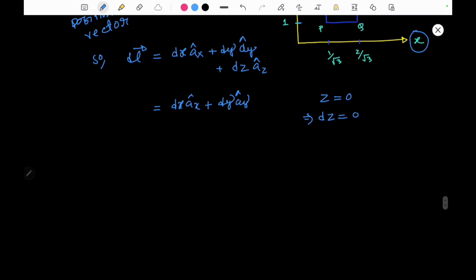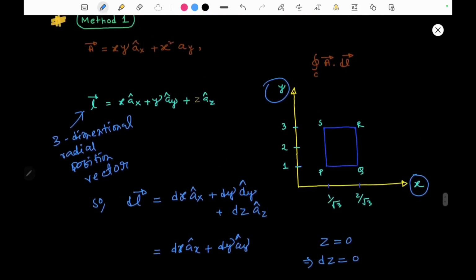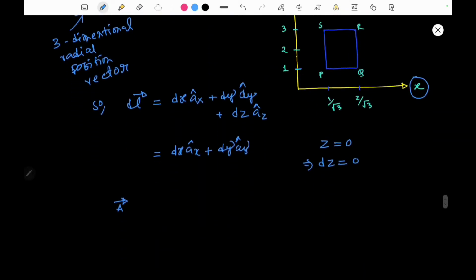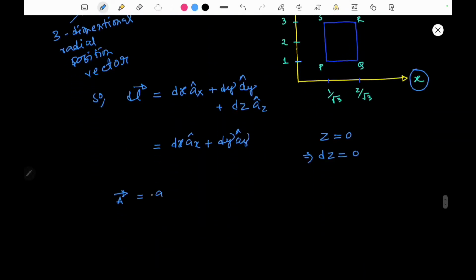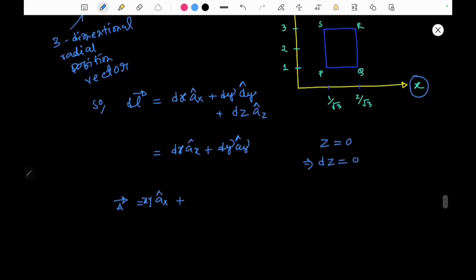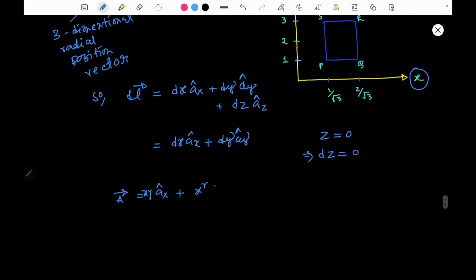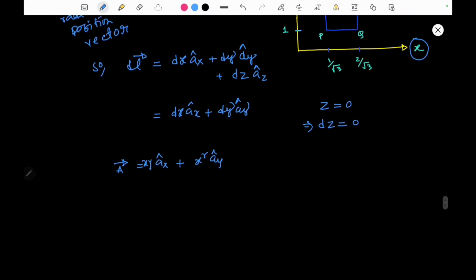Now we have in the question this A vector equal to xy ax cap plus x square ay cap.